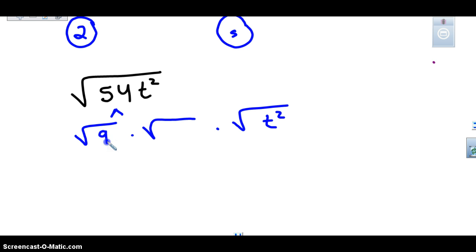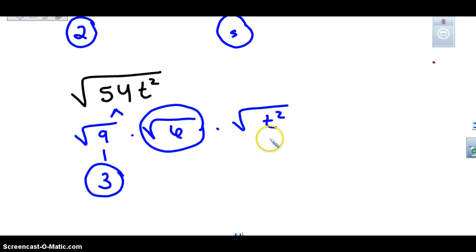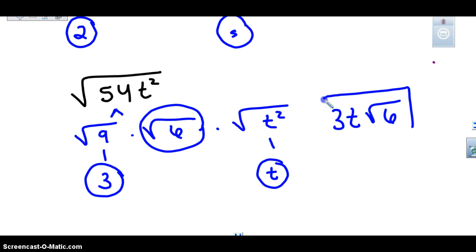Yes, so the square root of 9 times the square root of 6. What's the square root of 9? 3. Can I simplify the square root of 6? What about the square root of t squared? t. That means my answer is 3t times the square root of 6.